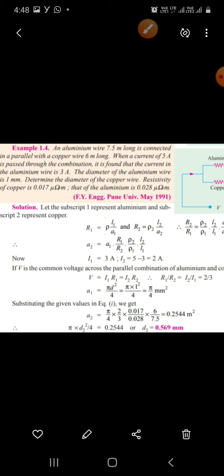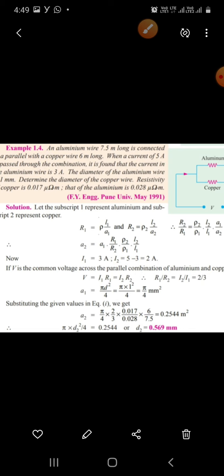Now I want to solve the question. When we are trying to solve the question, first we have to read the question in detail and try to understand the question.